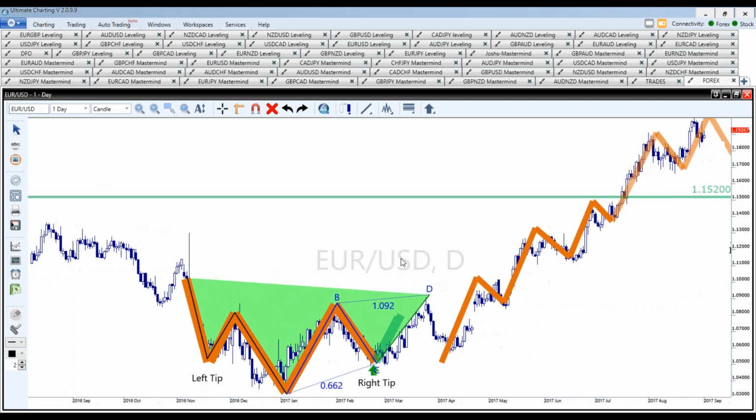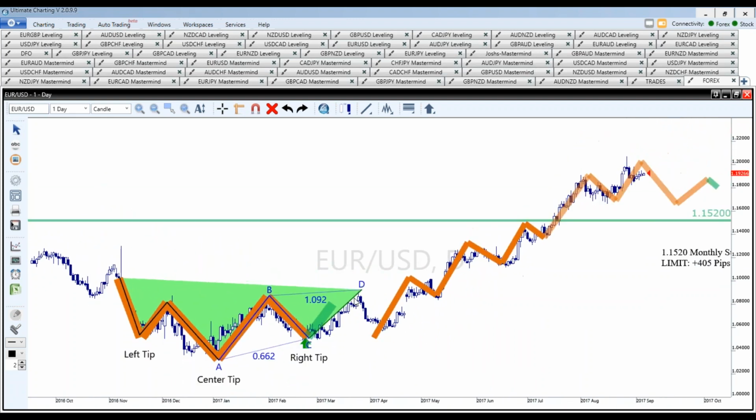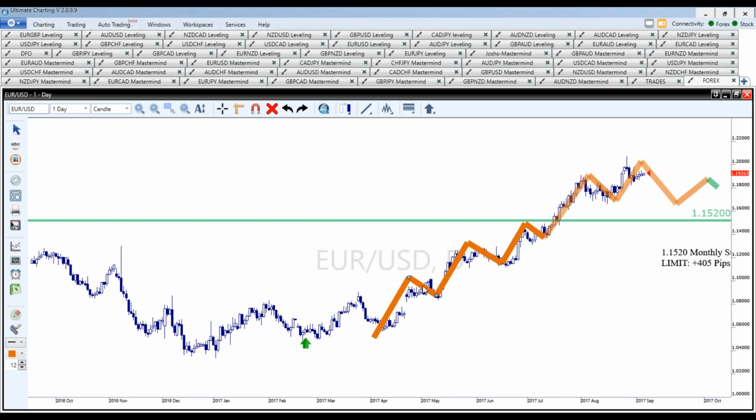We're not asking for this market to do anything that it hasn't already done. This market is used to moving in waves. It's designed that way. And so the reality of this is we're just looking for this market to repeat history.